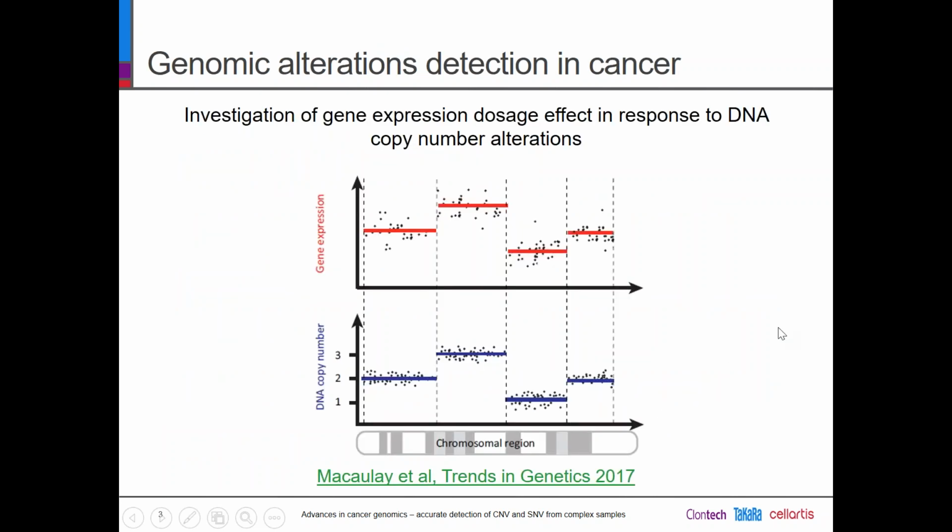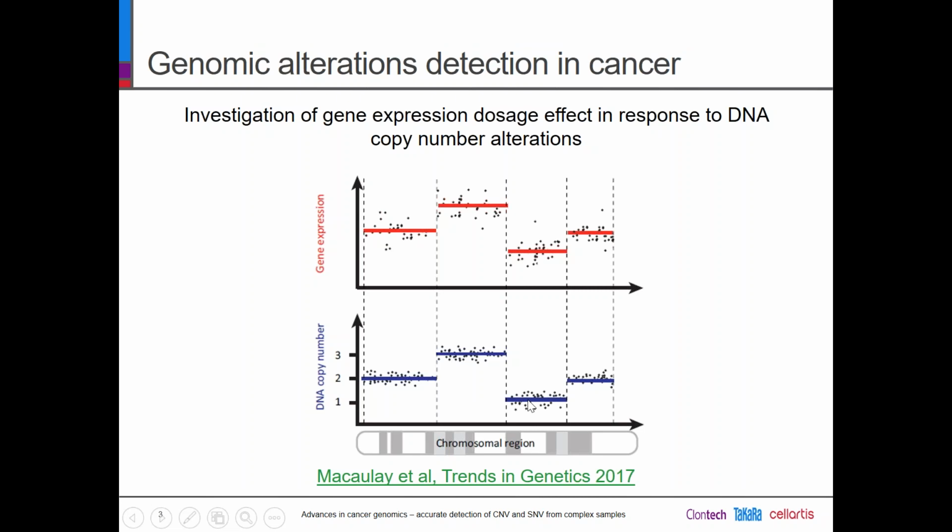So this is a very schematic view of what one can do by looking at copy number alterations. Here is depicted a chromosome where at the bottom of the graph in blue you see copy numbers of regions of this chromosome, and for example, you can see that this one is higher than the previous one.